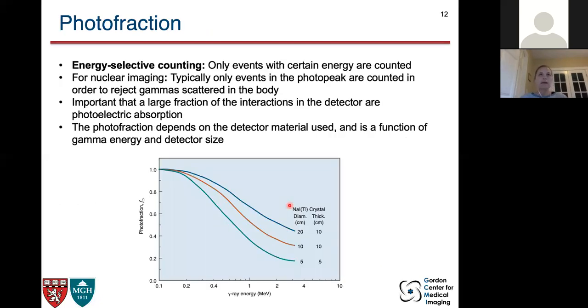Okay, so another concept that's related to detection efficiency is the photo fraction.